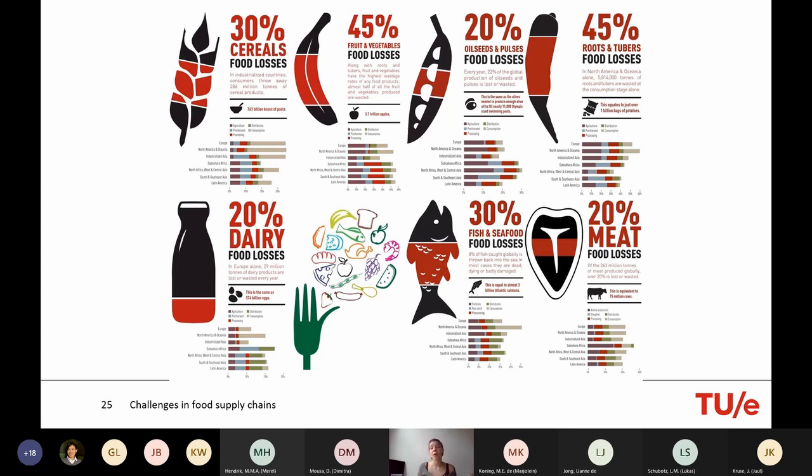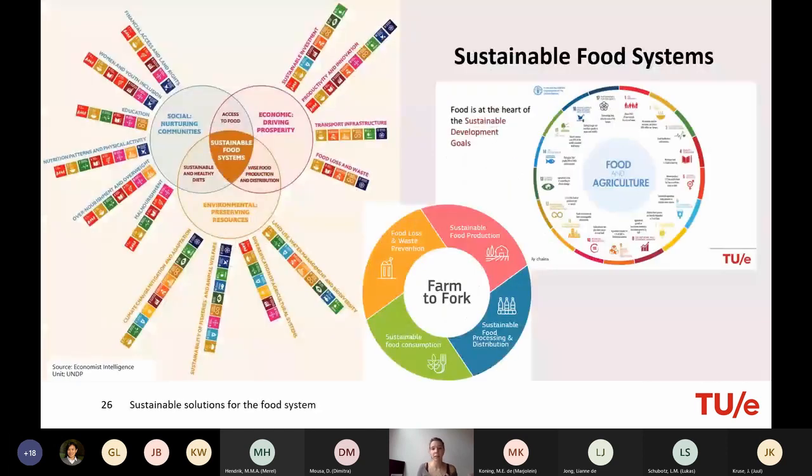So for example, we waste a lot of fruit and vegetables in the chain because they get bruised, they don't fulfill certain requirements or so on, and we just throw them out instead of actually making use of them. So the question is, how can we get to a more sustainable food system and overcome this?